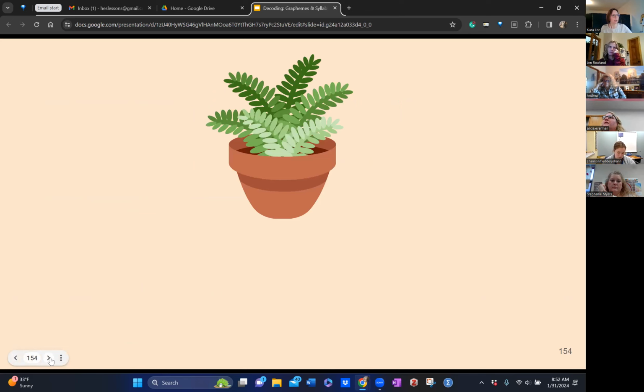So for example, I might say, today we're going to learn a new syllable type. This is a fern. Some people like to have ferns planted around their house, right? It's a plant with no flowers. That's what a fern is. So the syllable of the word fern has 3 phonemes.